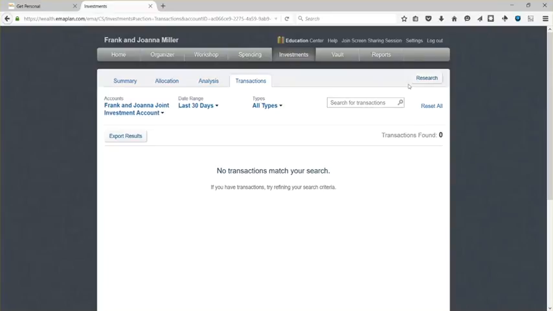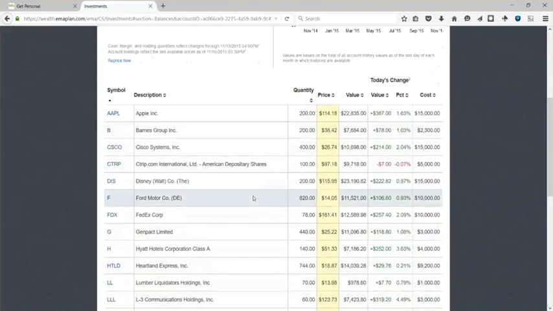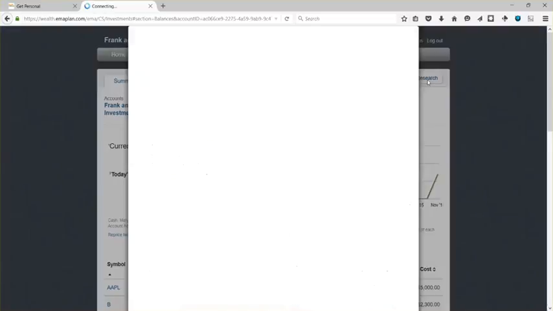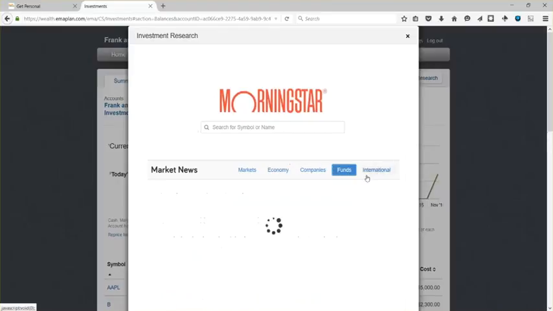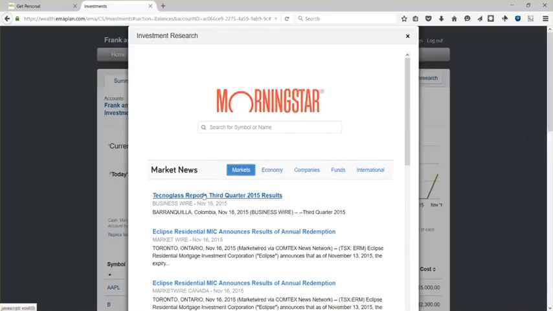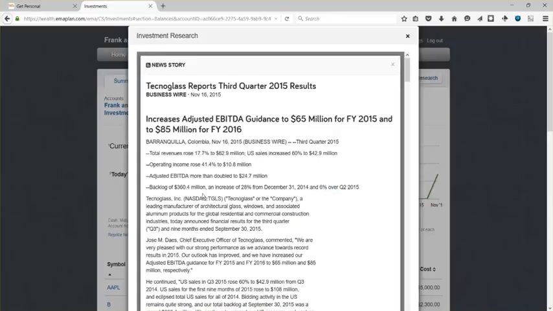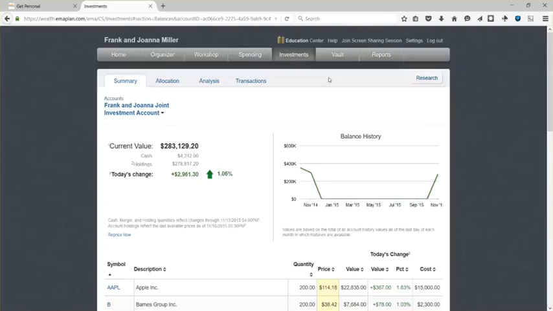So at any rate, that would normally give you access to the Morningstar database of securities and information on economic data, company data, mutual funds. Let's see if it'll give me news stories. See, it is giving me news stories. So at any rate, we thought that was a nice thing to add.